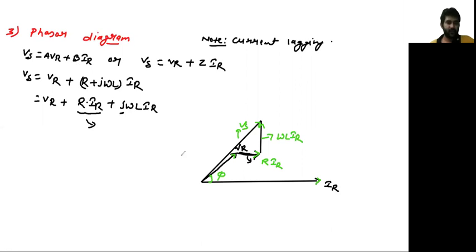We can also draw a different phasor diagram by taking voltage as a reference, but we have taken current here as reference. So this is how we are going to see the phasor diagram.